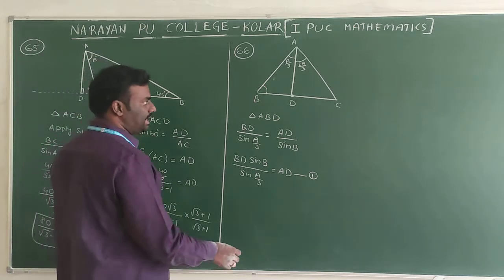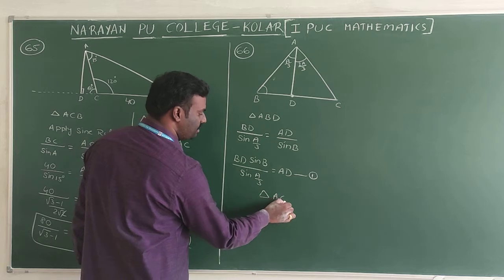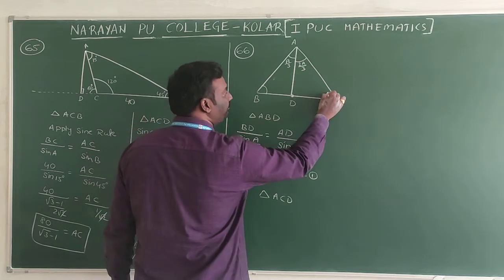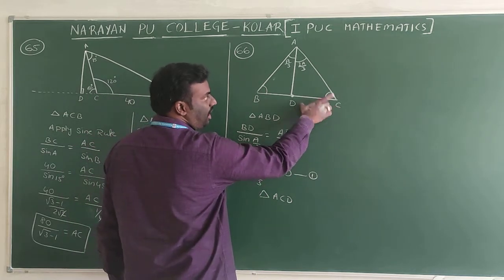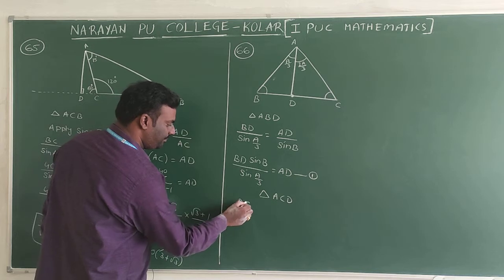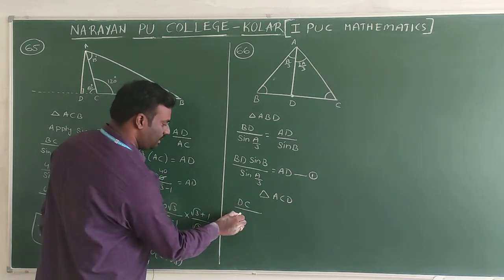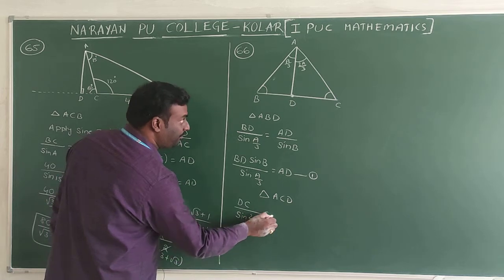Now you can take another triangle, ACD. Here also, if you take DC, the opposite angle is 2A by 3. Now DC by sin 2A by 3.